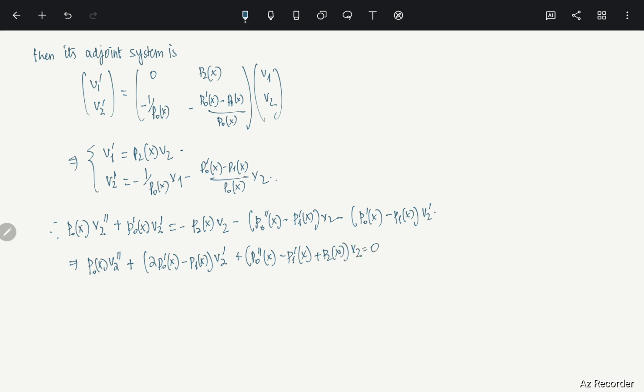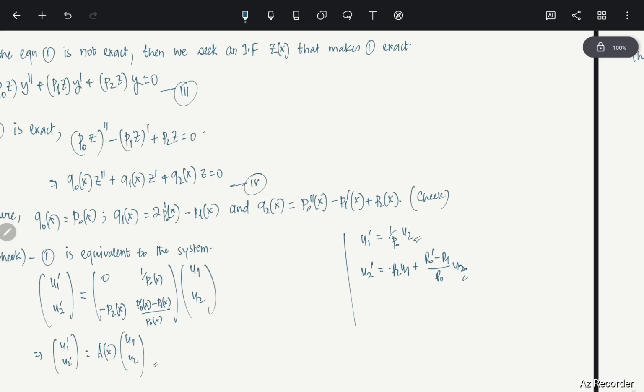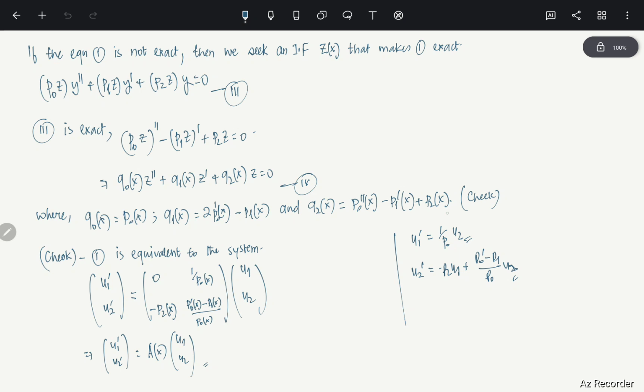Now you see, this equation and this equation are basically the same. You see, these and these are basically the same equations, right? So what is happening is that when you multiply by an integrating factor, that equation becomes the exact equation, and that equation is nothing but the adjoint of the original system.